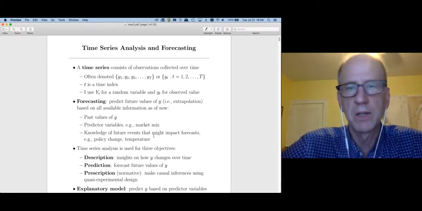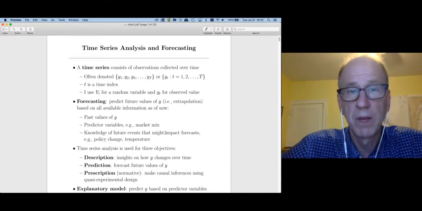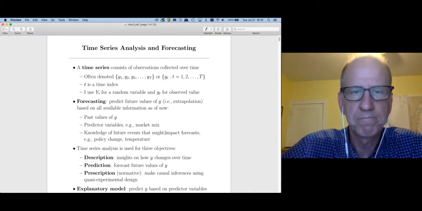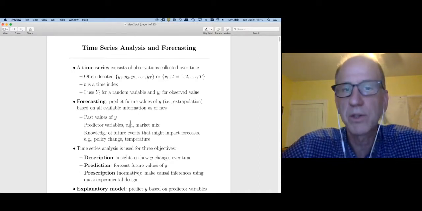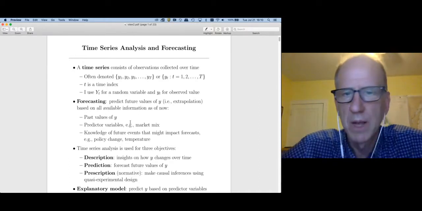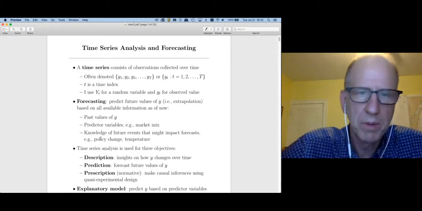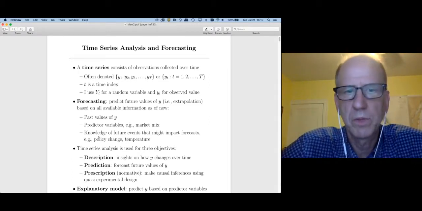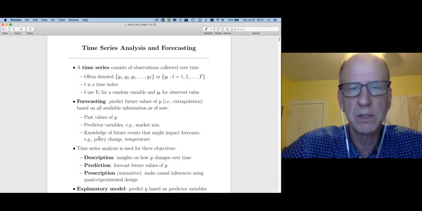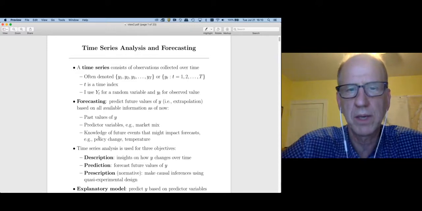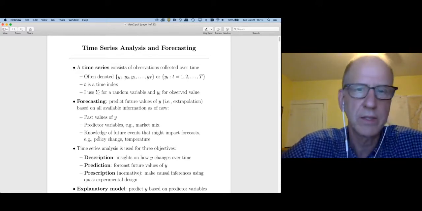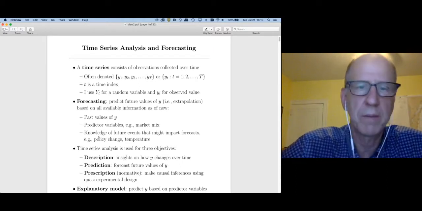That could be one example of something that's not under my direct control, but will affect Y. Likewise, if Y were ice cream sales, same situation. Temperature is one example. Another is a policy change. If we all of a sudden change certain social distancing policies in a country, that will probably have an effect on the COVID cases that occur in a future time period.